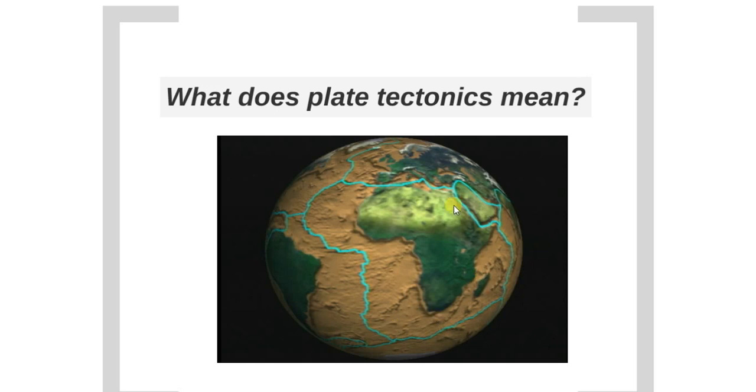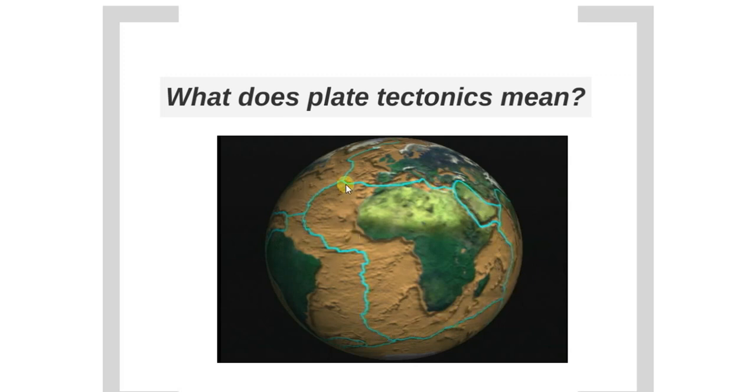In this theory, the entire outer shell of the Earth is made up of these slabs of rock that have boundaries. That's what this turquoise color is. So instead of being like the shell of an egg that's one uniform surface, the Earth is made up of different sections, like puzzle pieces.